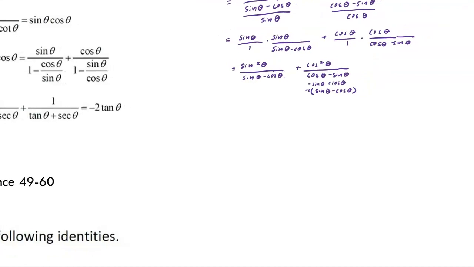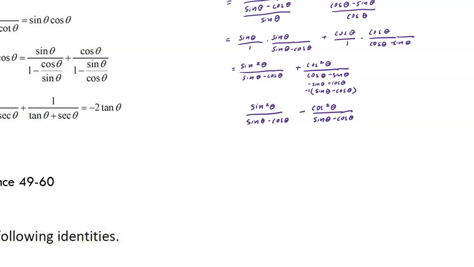Instead of adding the second fraction to the first fraction, we're now subtracting the second fraction from the first. So it becomes a minus, and then cosine squared theta over sine theta minus cosine theta, and sine squared theta over sine of theta minus cosine of theta.